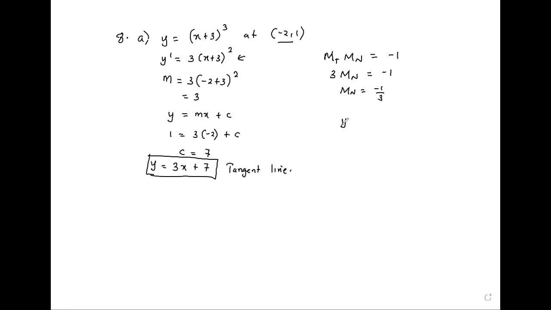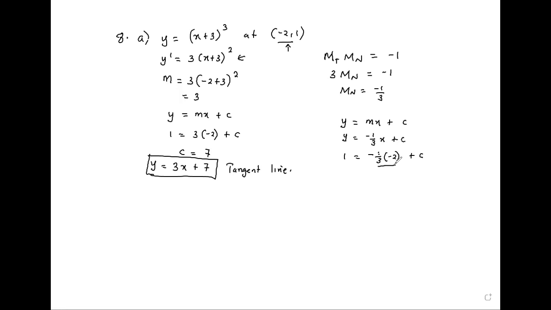So y is equal to mx plus c. It will be y is equal to -1/3 x plus c. But we have a point, so we can substitute 1 this side, -2 here: 1 equals -1/3 multiplied by -2 plus c.